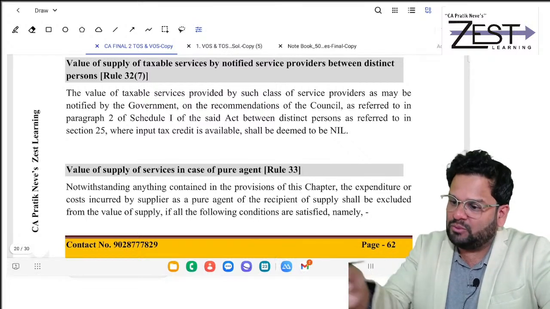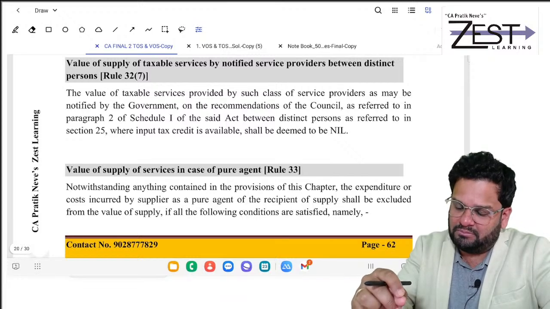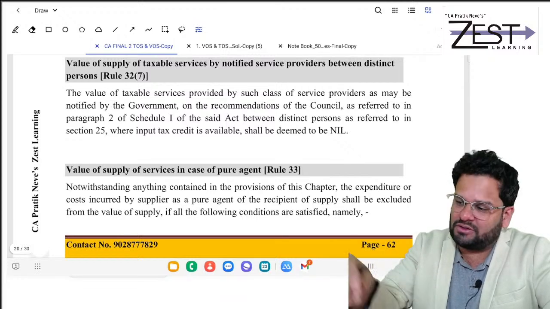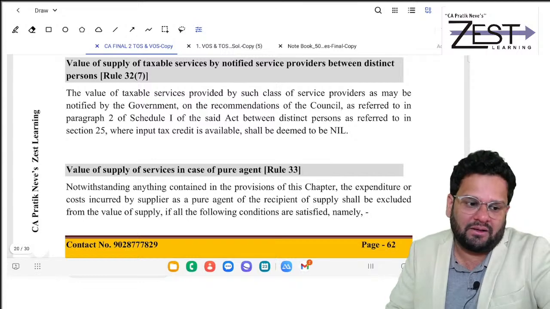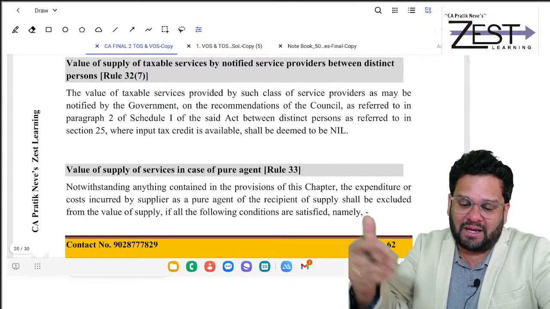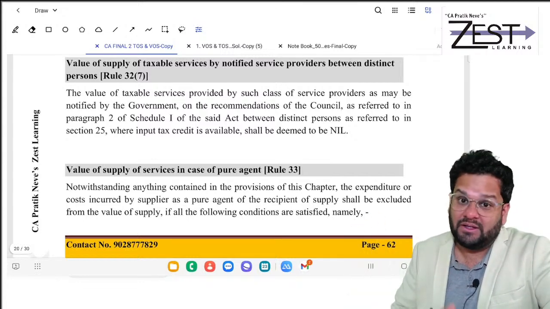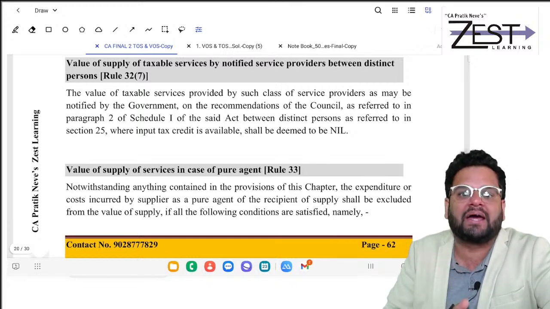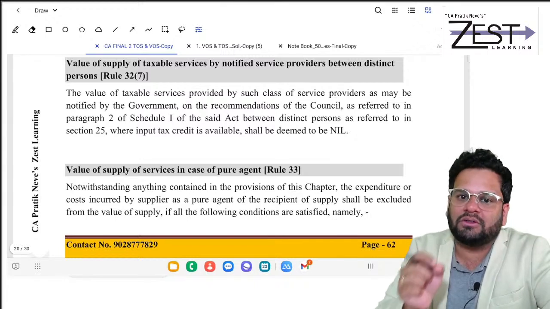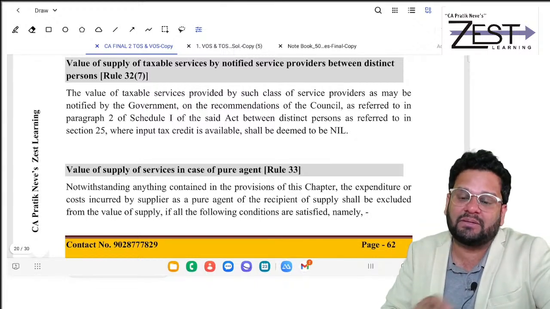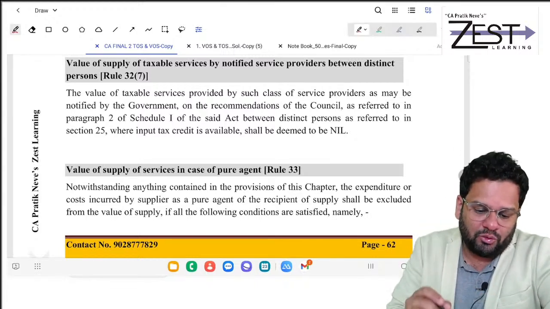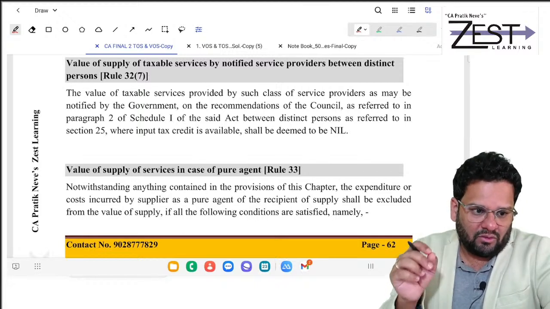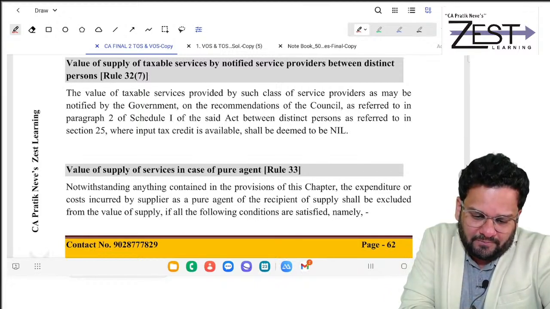So supply between my head office in Maharashtra to branch in West Bengal may be called supply between distinct persons. That is chargeable to GST. In short, that amounts to supply, even if it is without consideration. It is given in Schedule 1. But what is this rule saying?